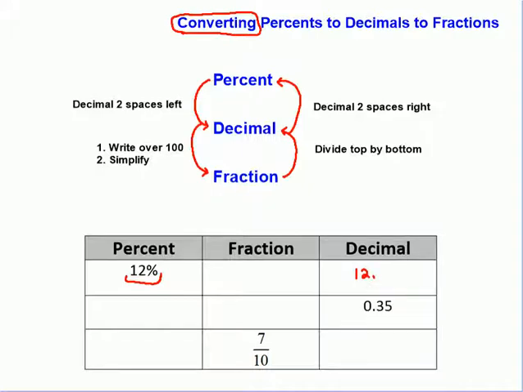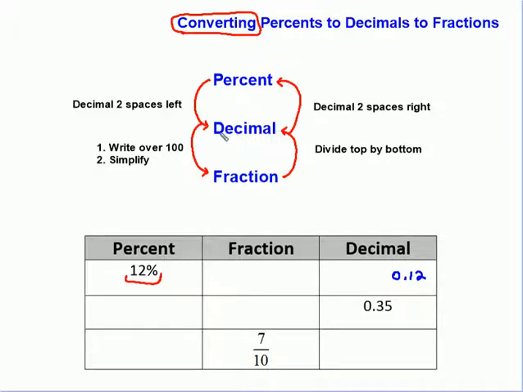I'm going to move that 2 spaces to the left, 1, 2, and put it right there. And that is going to give me 0.12. That is how you convert a percent to a decimal. Just move that decimal point 2 spaces to the left.